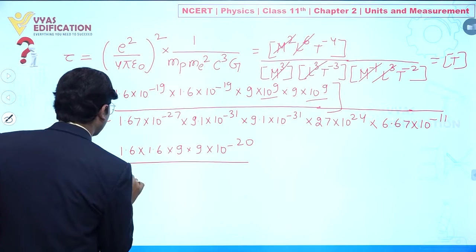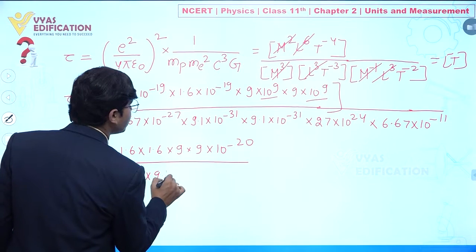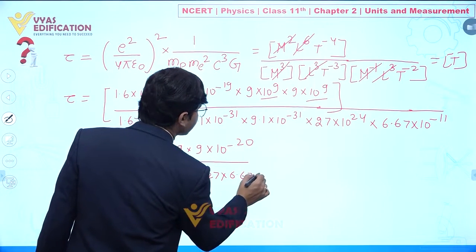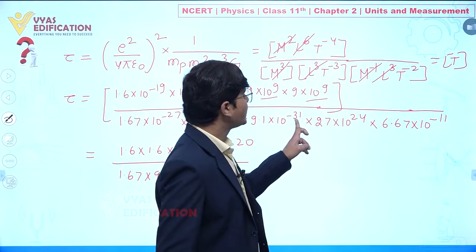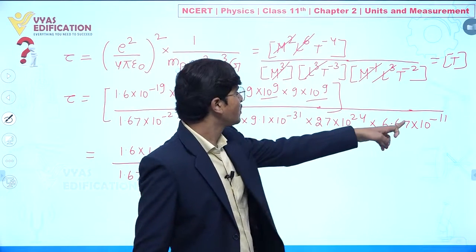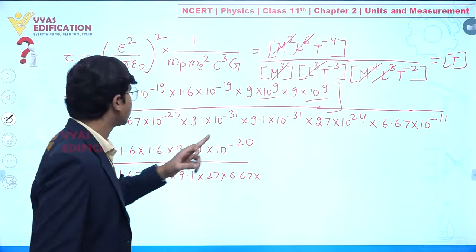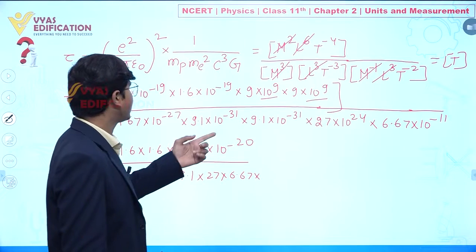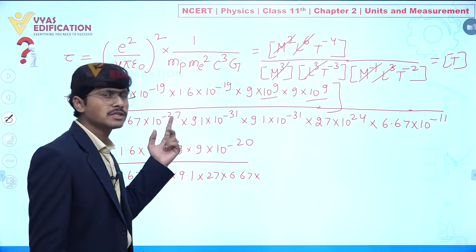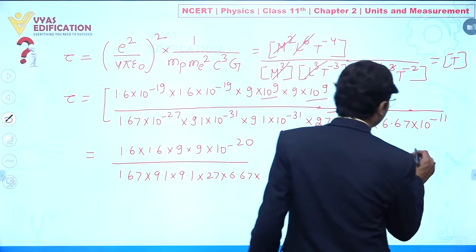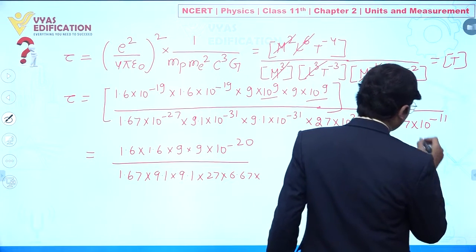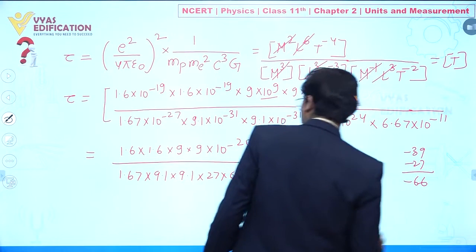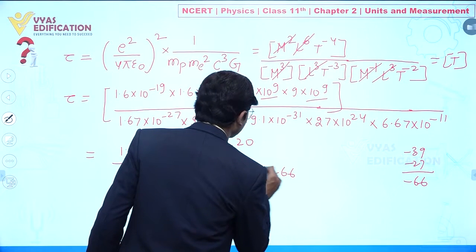From here you can see 1.67 into 9.1 into 9.1 into 27 into 6.67 multiplied. 10 to the power minus 31, and this one minus 7, minus 18, minus 18, minus 39, and we can say this is minus 39 and this is minus 27. So minus 39 and minus 27. So let's suppose we are assuming 40. So I can say 67, 66. So minus 66. So from here we can say this is 10 to the power minus 66.